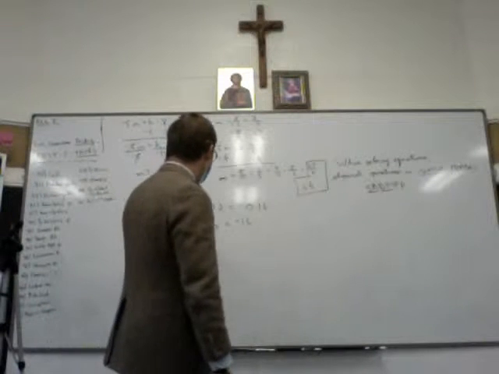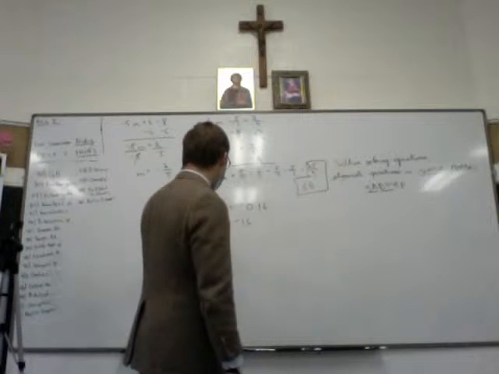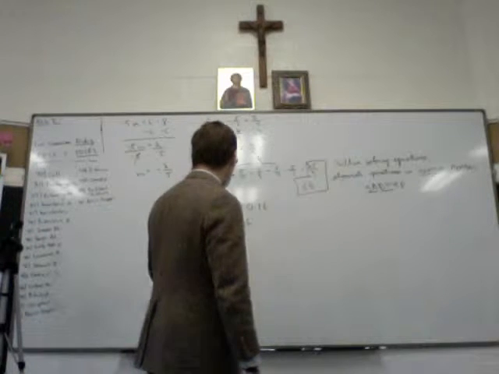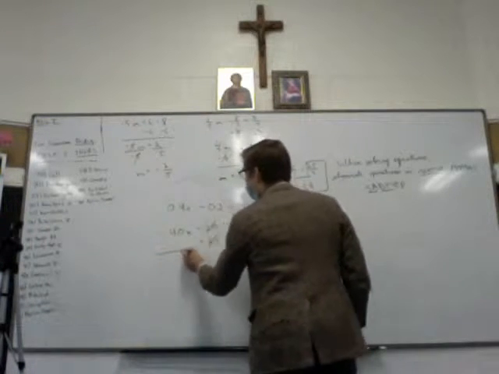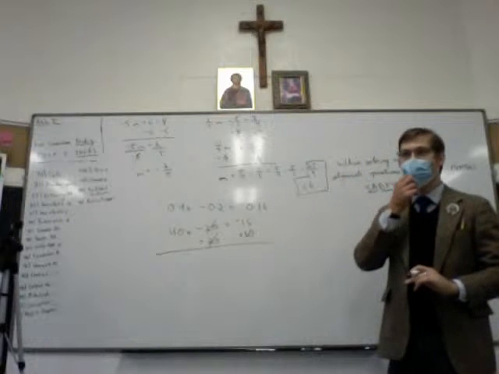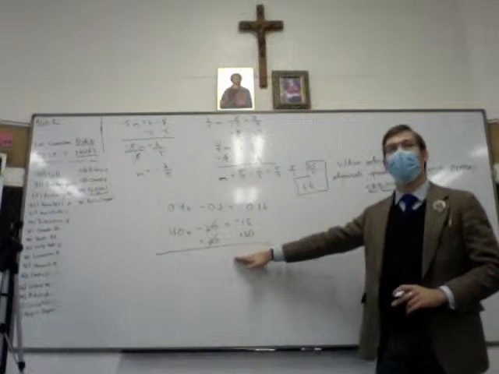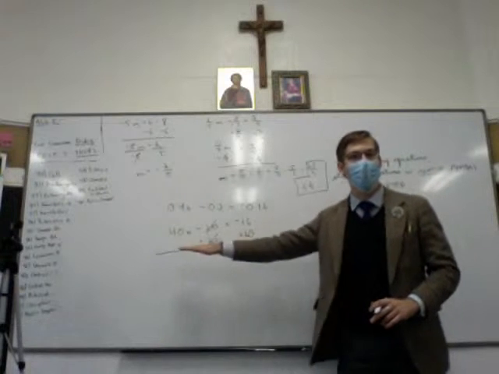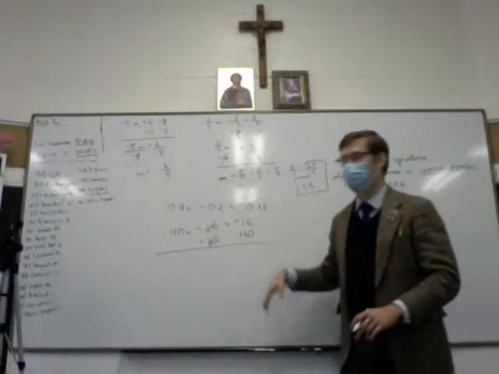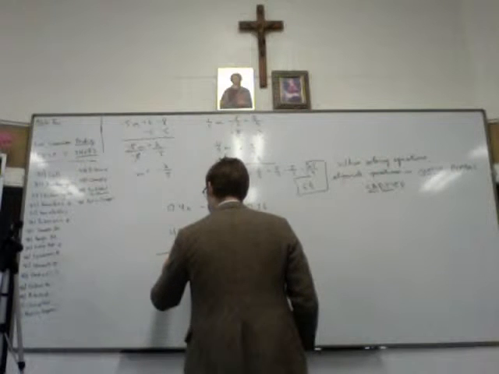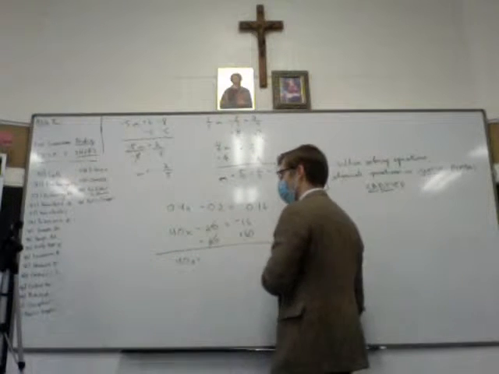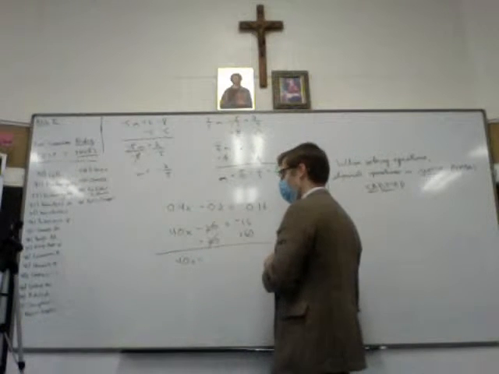All right, what do I do first? Add 20 to both sides. What am I going to get? I like writing this line after each step. I have the original equation, then I write what I'm doing to it, and then I write it again. This is like the equals line when you're doing addition or subtraction. 40x equals, negative 16 plus 20, it equals 4.